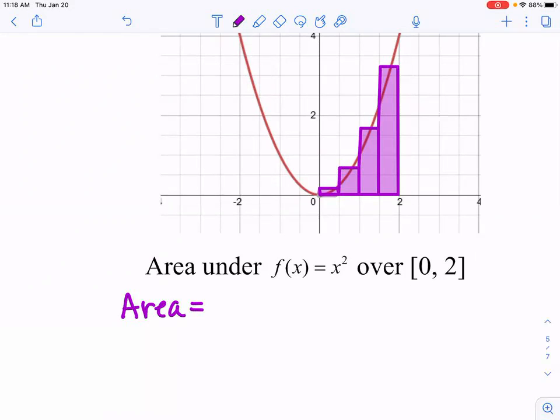So our area is length times width plus length times width plus length times width plus length times width. These all have the same width, so I'm gonna keep that factored out.